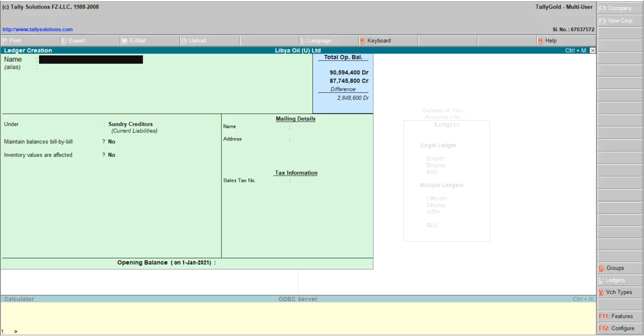Next is AS Energy Tanzania Limited. Put the address.